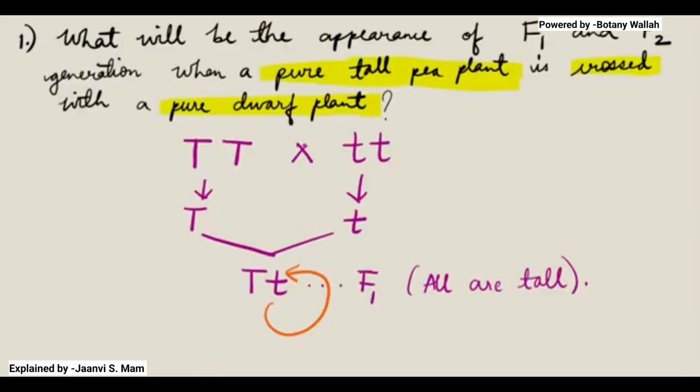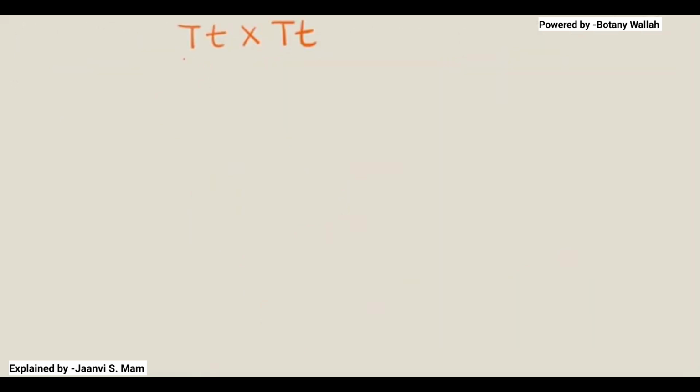So capital T, small t, cross with capital T, small t, as we are doing selfing here. So what will you get? Here we will get two gametes. We will first do gamete formation.